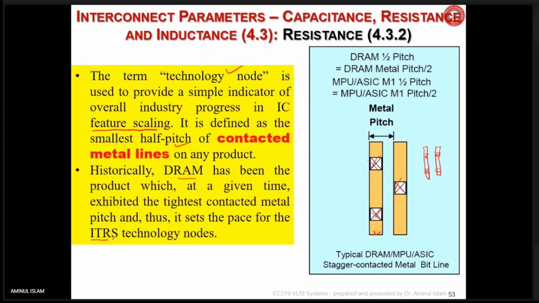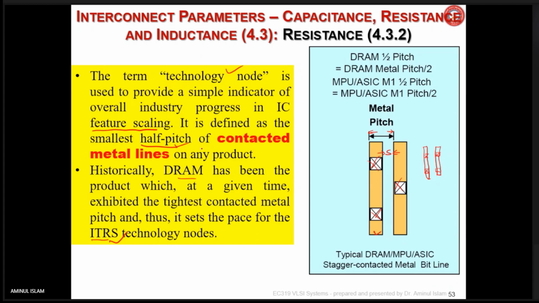So in ITRS, this DRAM pitch is considered. Pitch, this one is pitch, the width of the line and the spacing. This is spacing. And metal and DRAM half pitch. Half pitch means the pitch divided by 2. That is taken as the DRAM half pitch. It is defined as the smallest half pitch of the contacted metal lines.